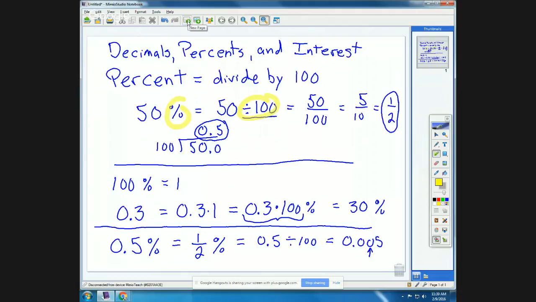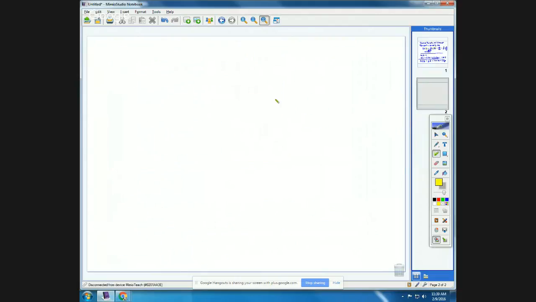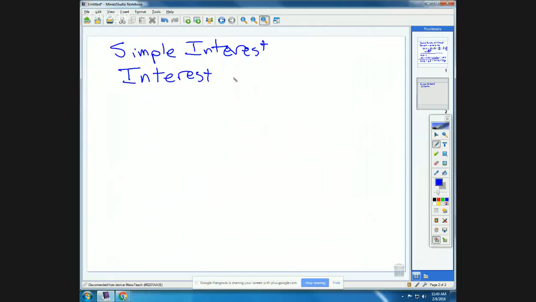Percent basics. We're going to play with a little interest. You might remember playing with simple interest once upon a time. So with simple interest, the interest amount is equal to whatever your balance is.